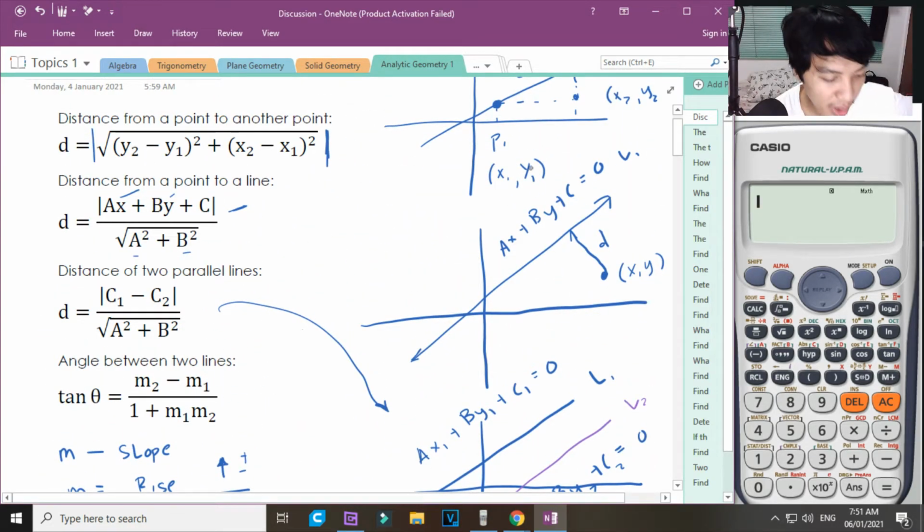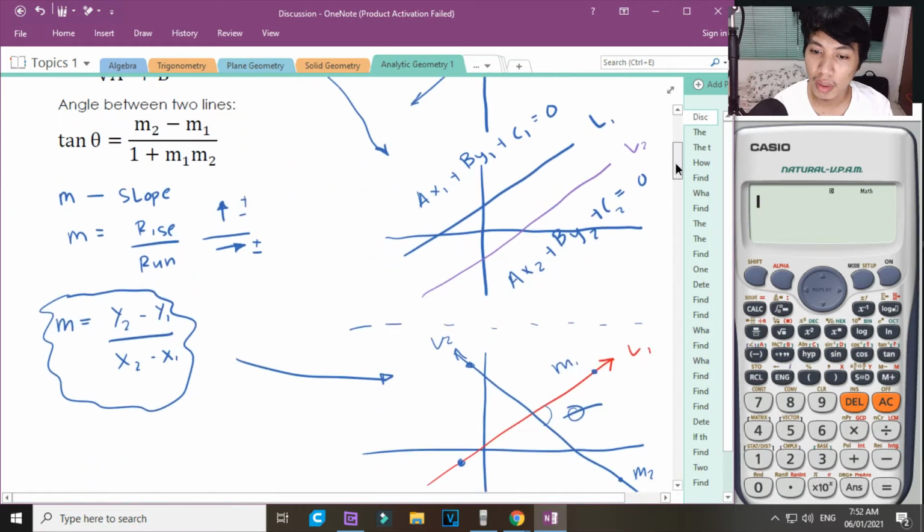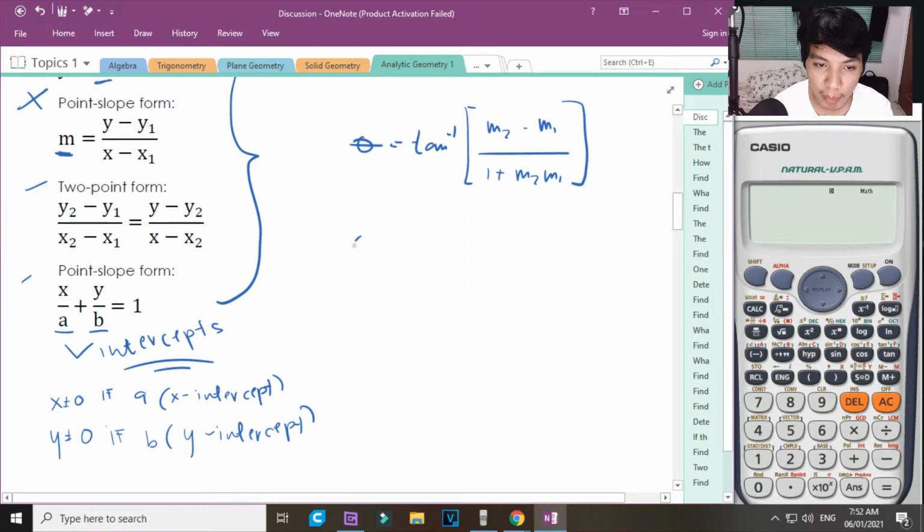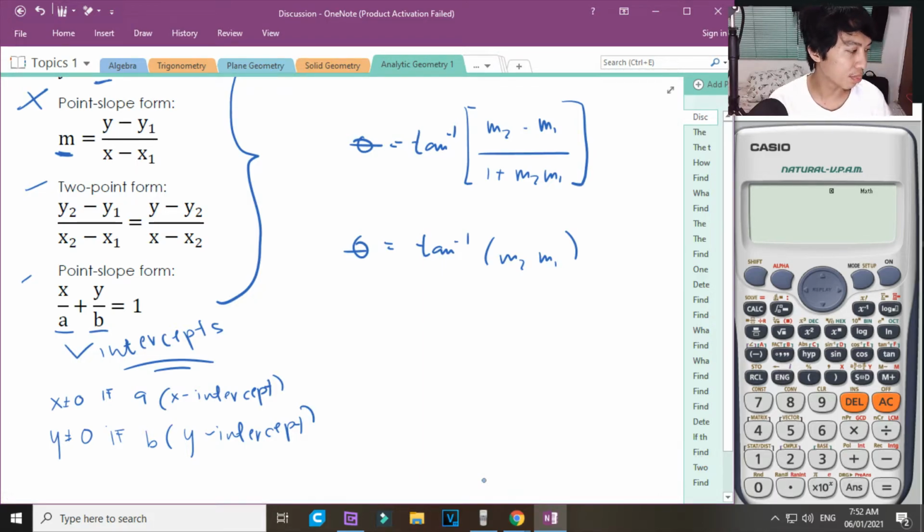Meron pa tayong isa pang technique dyan. Ewan ko kung magagamit nyo siya. But the theta is, ito yung isa pang formula. Theta is equal to tangent negative 1 M2 M1. Tama ba? Hanapin ko nga sa notes ko.